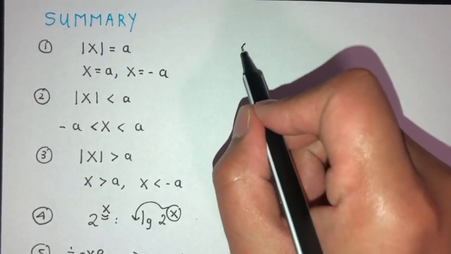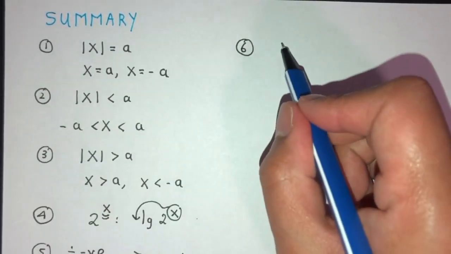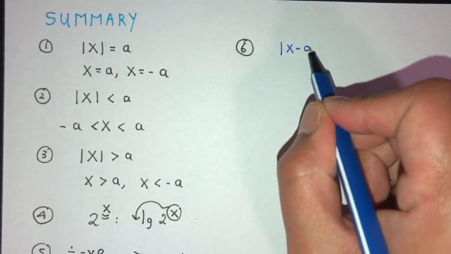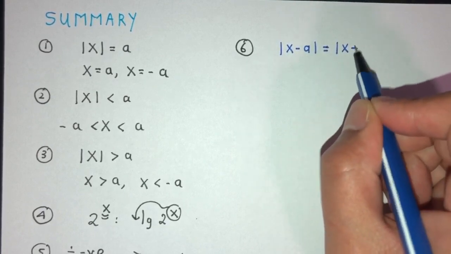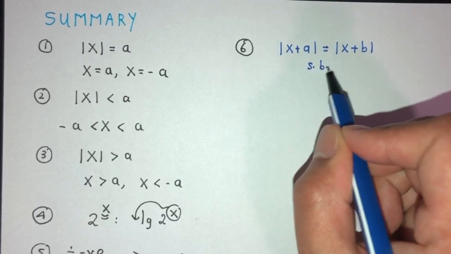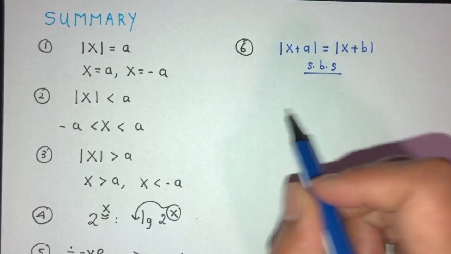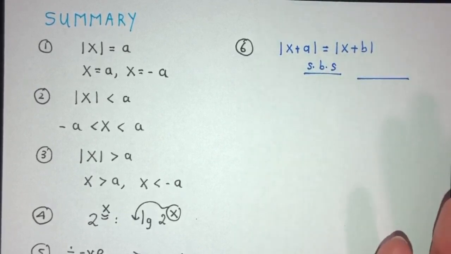Now what else did we learn? Number 6, when you have modulus on both sides, we just square both sides, make your life easy, and then use number line. When it is equal, there's no need to use number line, obviously.